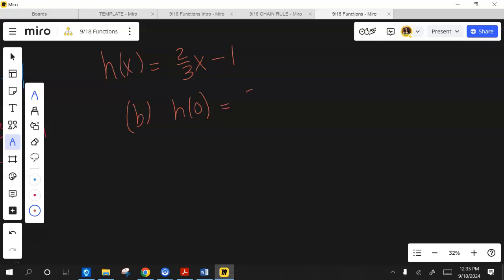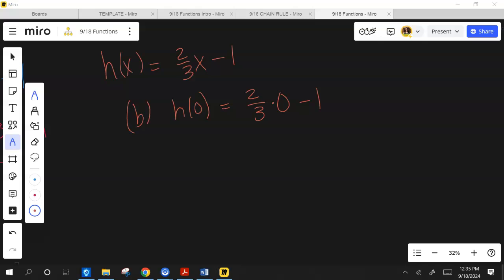So I've got 2/3, it's not x anymore. What is it? Times 0. Times 0 minus 1. Well, I want to do the multiplication first, right? Why do I do multiplication before subtraction? PEMDAS. That's exactly right. The order of operations.